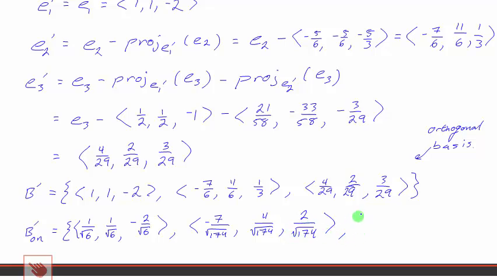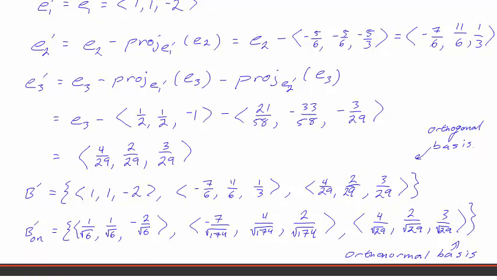And finally, the third vector here, when we normalize it, we get 4 over the square root of 29, 2 over the square root of 29, and 3 over the square root of 29. So that would be an orthonormal basis for the same original vector space.